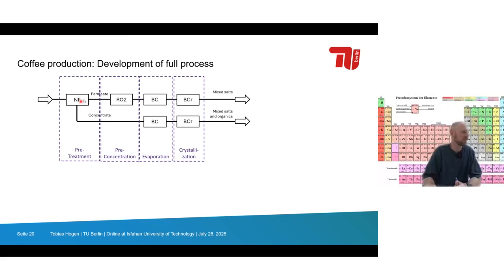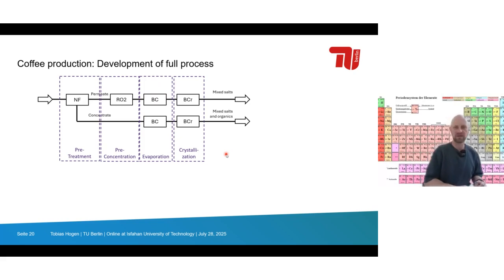These are generated in the end by the NF and then concentrated till the end. I also put in the 4 phases of our ZLD processes: pre-treatment, pre-concentration with RO, evaporation and concentration. So you can see the 4 phases again.